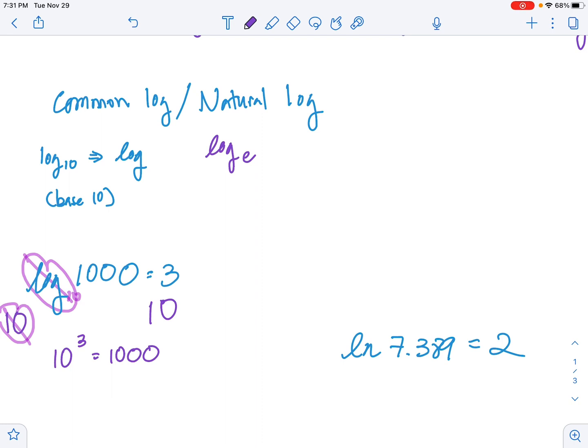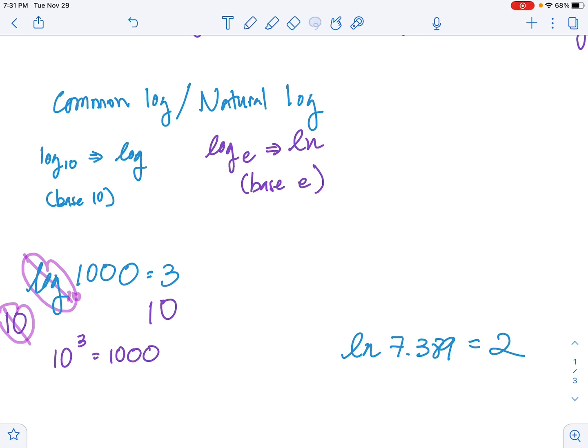So log base e is replaced by ln. If you write ln, you should know that it's log base e, a logarithm with a base of e.